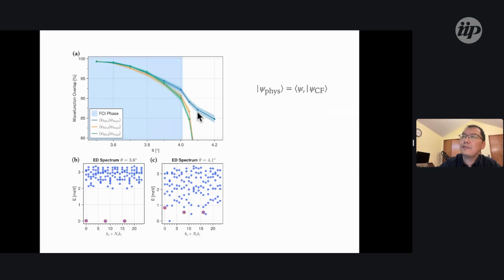And even after, at the ED level, the FCI is destroyed, I can continue to trace those many-body eigenstates at the original 3 momenta. You can see the overlap is still pretty good. Again, I don't have an analytical form for the wave function, but I do have a numerical way to write down the wave function that's in excellent agreement with the ED calculations.